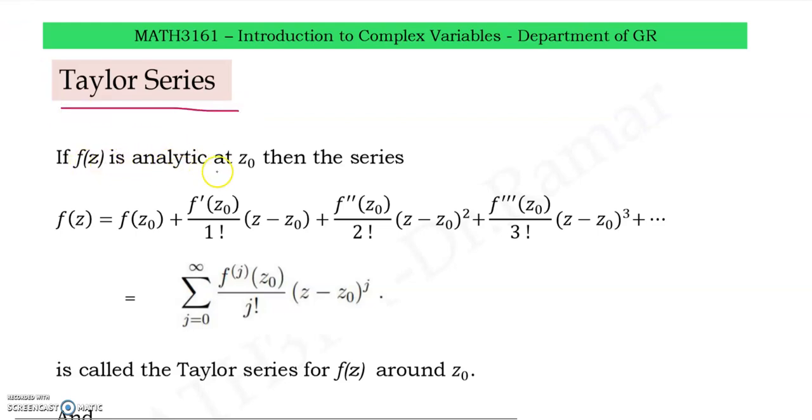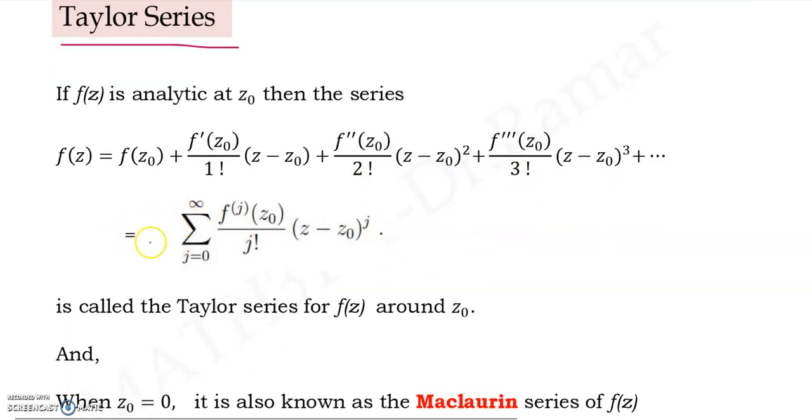If f of z is analytic at z0, then the series of the analytic function f of z is equal to f of z0 plus f dash of z0 over 1 factorial times (z minus z0), plus similarly we can write the rest. That is, the sum from j equal to 0 to infinity of the jth derivative of the function at z0 divided by j factorial, multiplied by (z minus z0) whole to the power j.